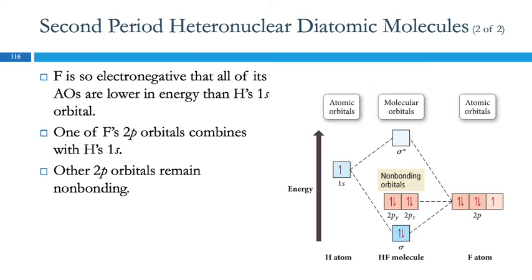It's kind of crazy. So when these combine, it's a little bit different. So we've got this s orbital combining with one of the p orbitals to make a sigma and a sigma star. And then the other 2 p orbitals have nothing to interact with, and so they're just going to stay the same.